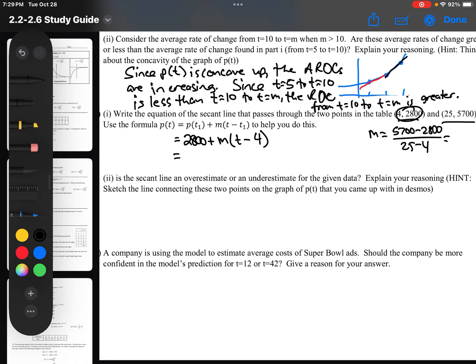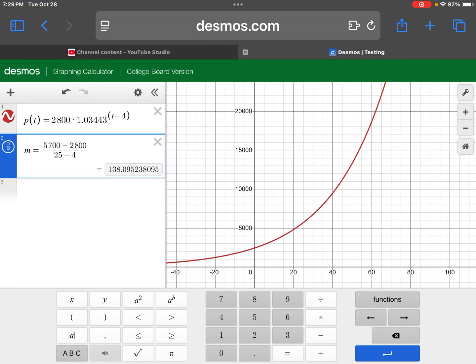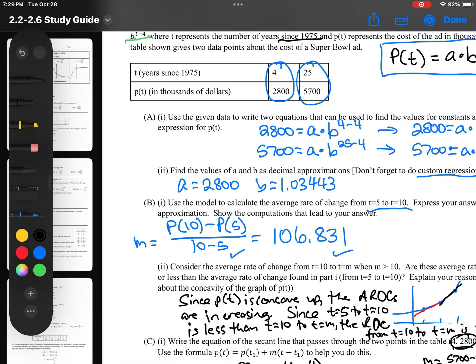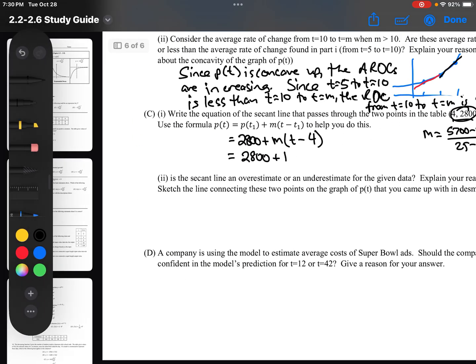The way that equation will look is 2,800 plus, what did we get when I did that as M earlier? 138.095 times T minus 4. Okay, there is your equation.